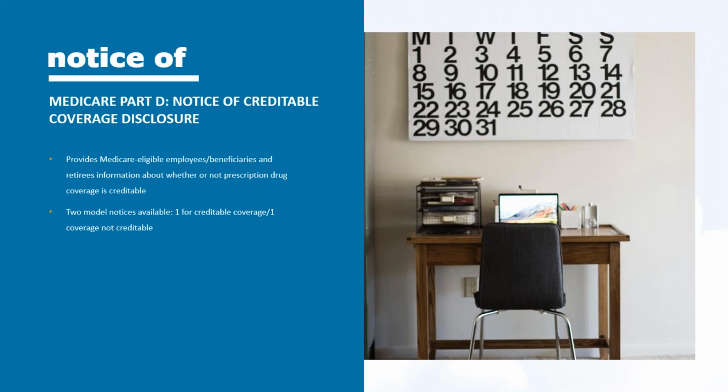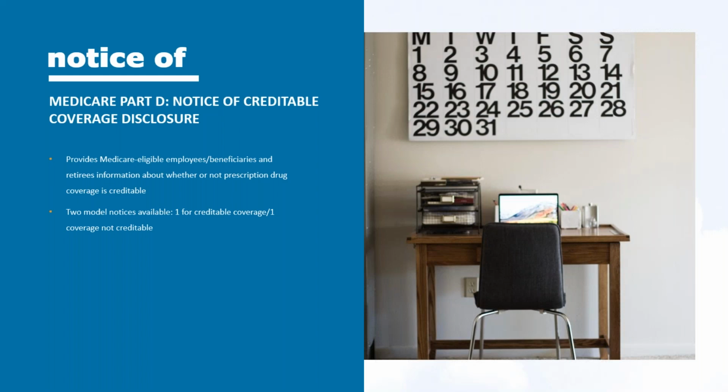They'll pay a penalty for not enrolling in it at the time it was offered to them. If you have an HSA plan, there's a good chance that your prescription drug program is not creditable. So if you want more information about this, please let me know.